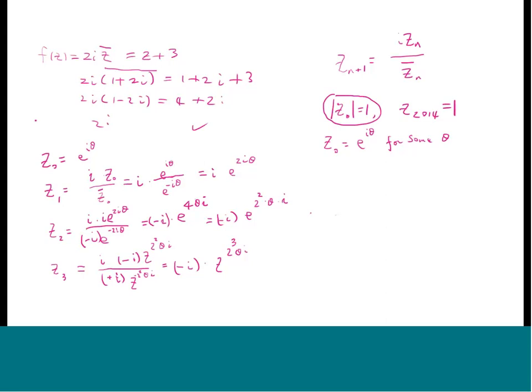Okay, so that is correct, it looks like. So in z_2014, it's going to be minus i times e to the 2014 theta i. Oh, I'm sorry, we typed something wrong. This is e, not z, okay?